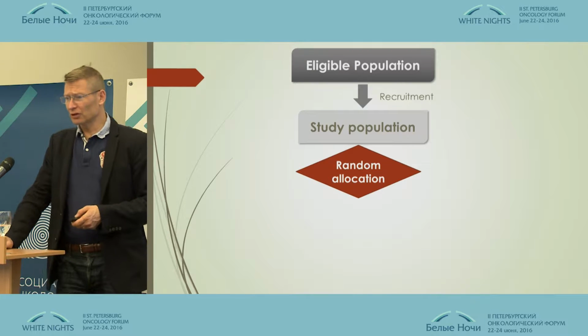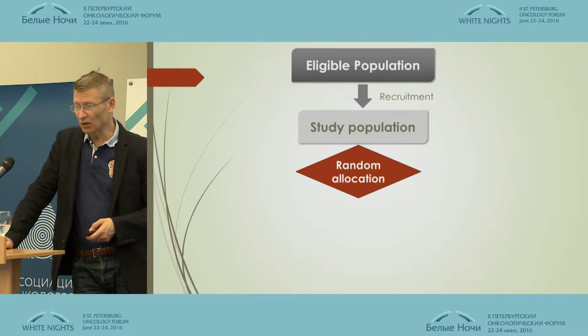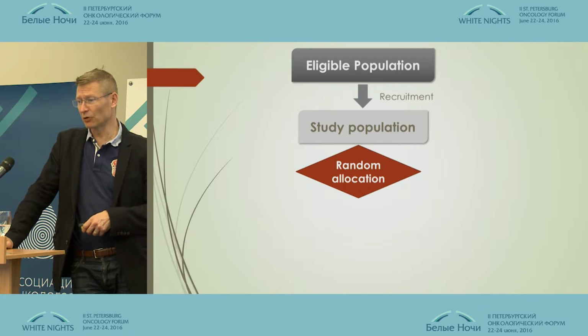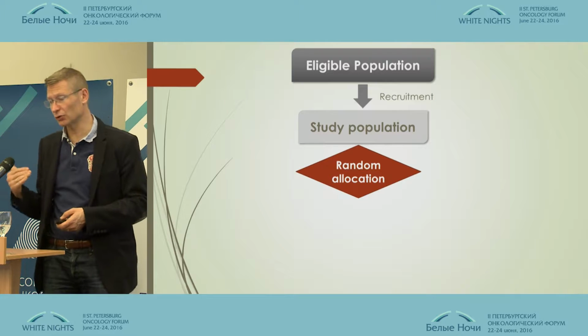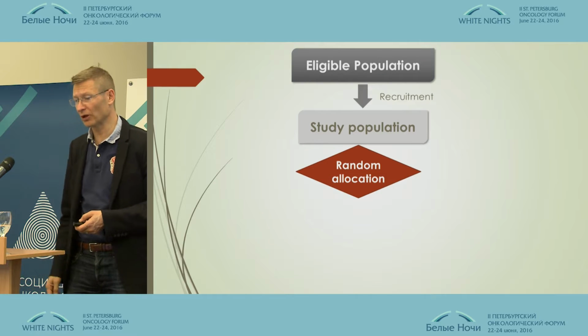Okay, and the conduct of a randomized trial, we start from the eligible population defined by the criteria, inclusion and exclusion. We recruit the people, we seek their consent, and then through these two mechanisms we come up with the study population.